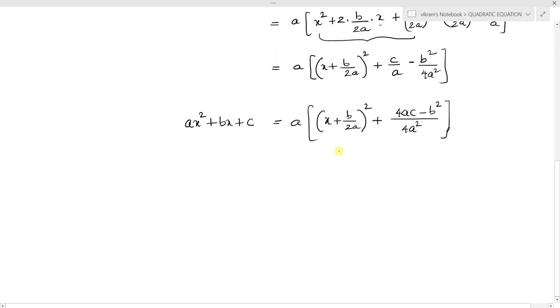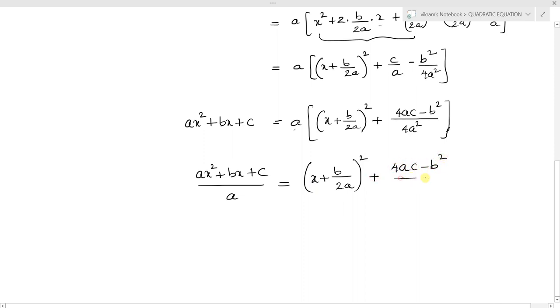Now this can be written as ax square plus bx plus c by a. Taking this to the LHS side, it equals x plus b by 2a whole square plus 4ac minus b square by 4a square.